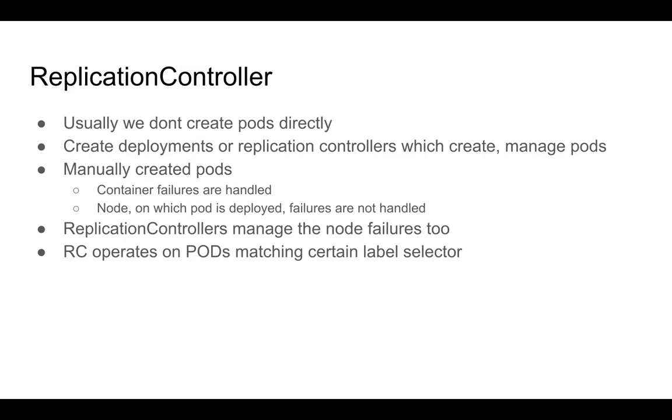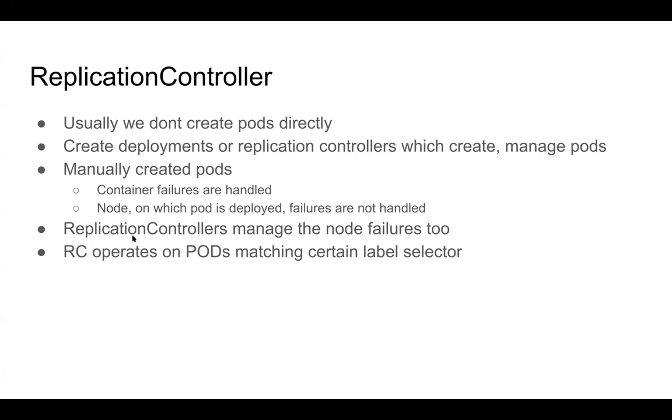Generally you create deployments or replication controllers which can create and manage pods. We'll discuss deployments in some later sections. But if you use either of these, then if the node on which the pod is deployed crashes, automatically a new pod gets created by these objects.